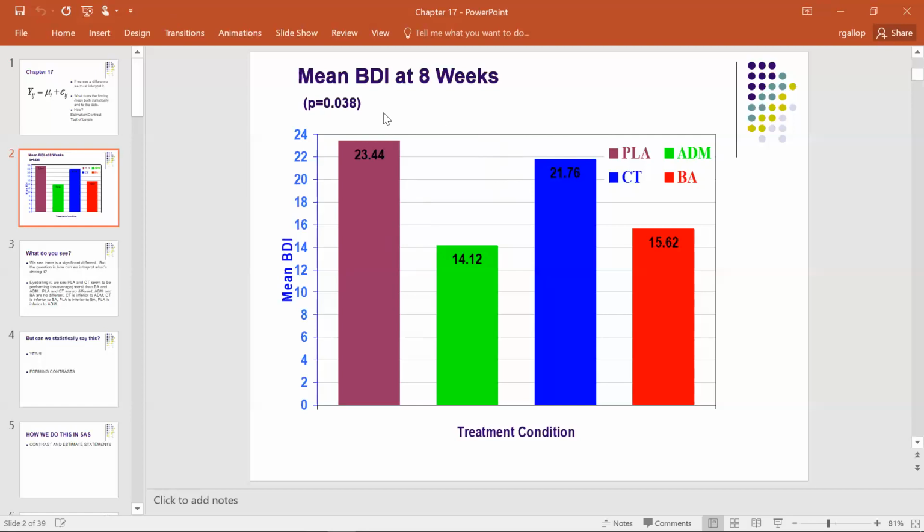Looking at this visual, it appears that cognitive therapy and placebo on average are the worst, whereas medication and behavioral activation on average are the best. So what's really driving this overall ANOVA effect appears to be the green and the red being significantly lower than the other 2. Again, we're just eyeballing this. We will test this subsequently.